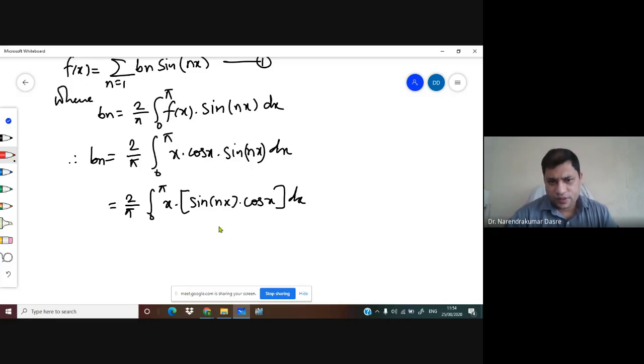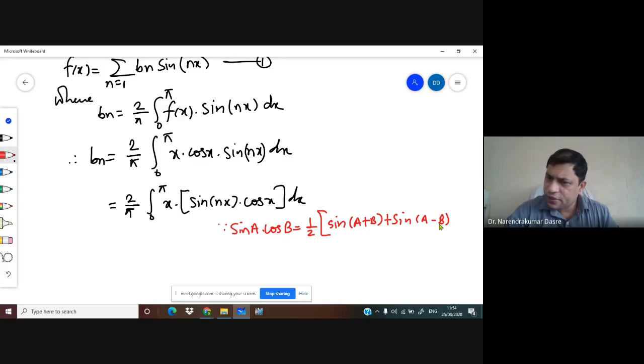So what we know is, since we know sine of a into cos of b is equal to half of sine of a plus b plus sine of a minus b.